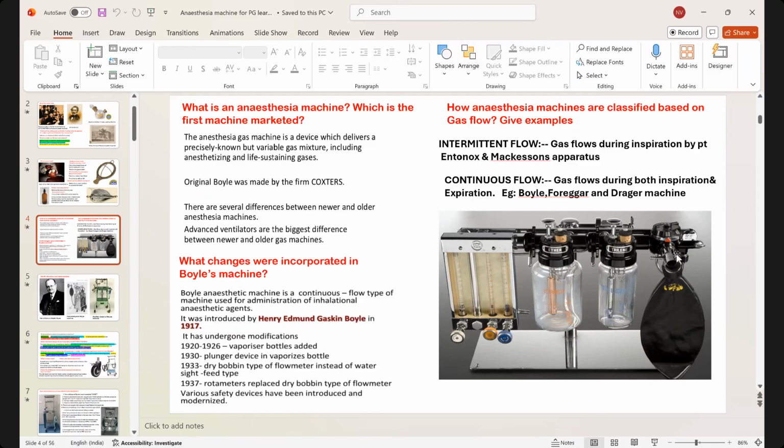And this machine had a switch which can switch over from controlled ventilation to spontaneous ventilation. And once you switch over to controlled ventilation, this trilene lock or trilene lever cannot be operated. So they called it the trilene lock or switch; circuit selector is the name for this particular component.